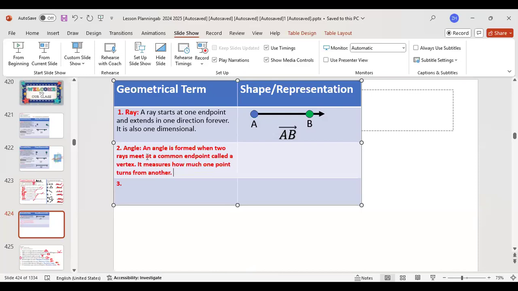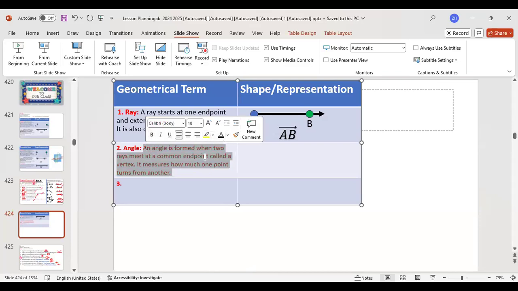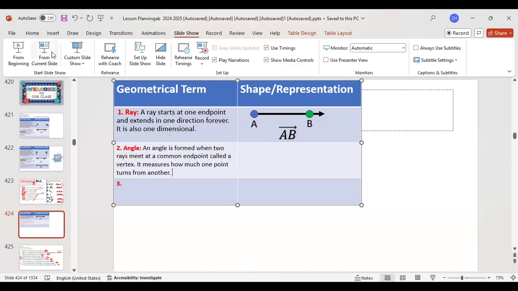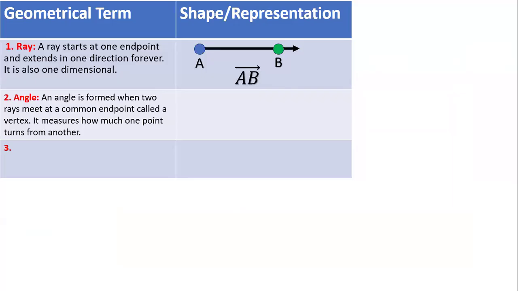What is the unit we typically use for angles? Degrees. Degrees, very good. But is degrees the only unit that we could use to measure angles?